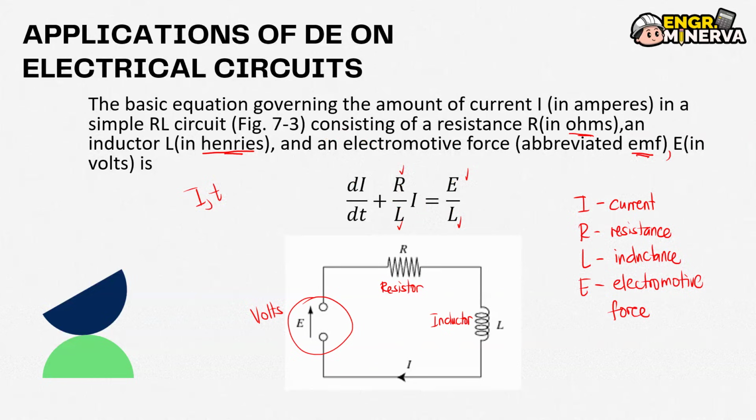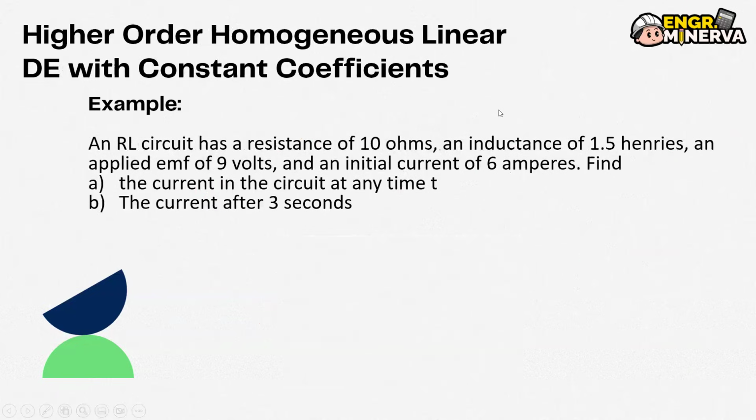So let's try one problem with this one. An RL circuit has a resistance of 10 ohms, an inductance of 1.5 henries, and an applied EMF of 9 volts. It has an initial current of 6 amperes.